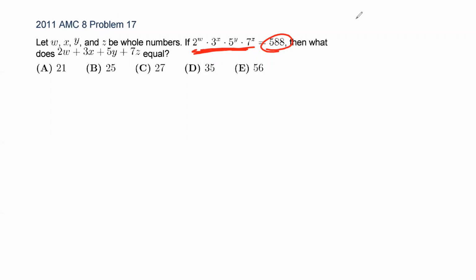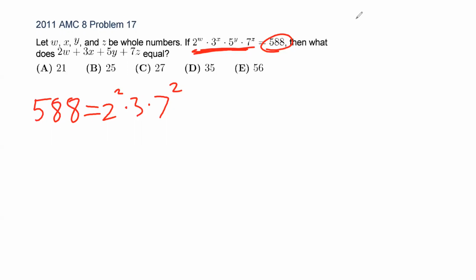So 588, can anybody tell me the prime factorization for this? So we're getting 2 squared times 3 times 7 squared. And that should be correct.